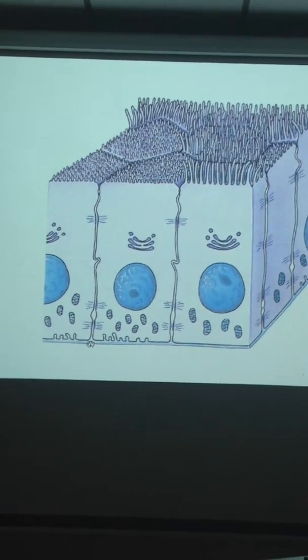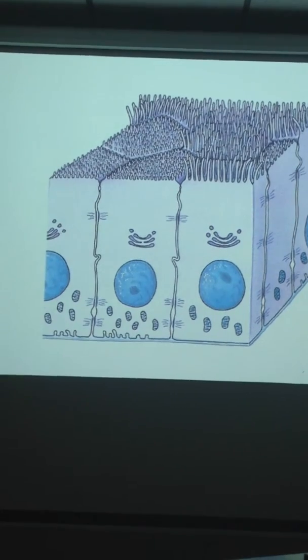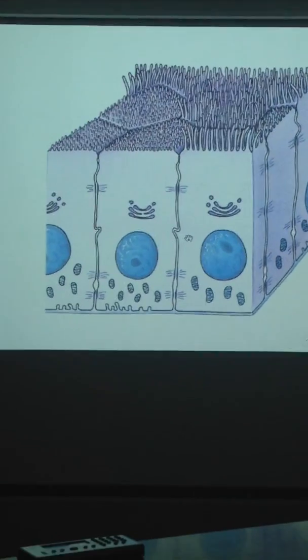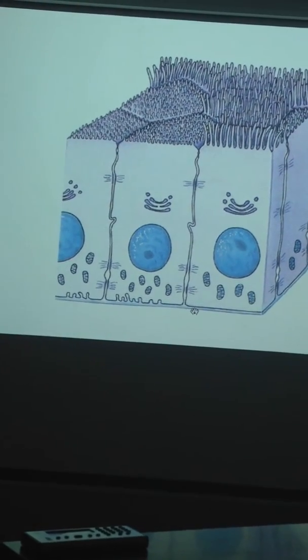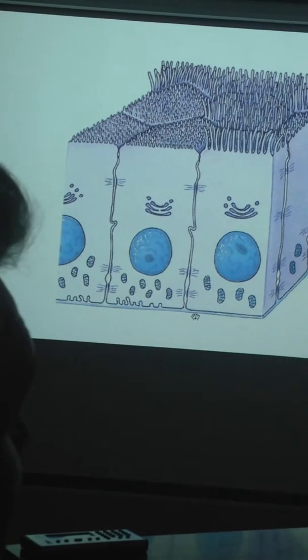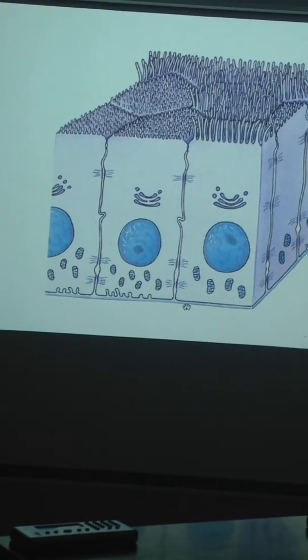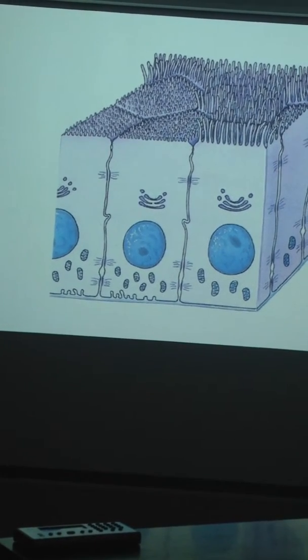Basal lamina. Which cells secrete basal lamina? The epithelial cells. What's the bottom half of basement membrane called? Lamina reticularis, or reticular lamina.